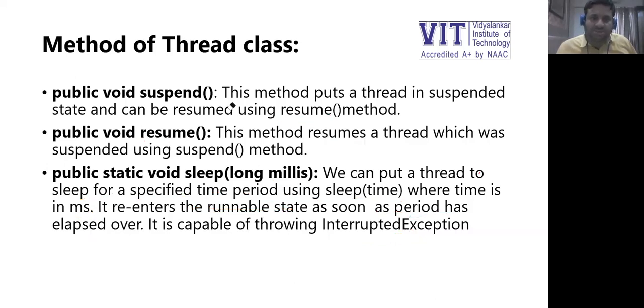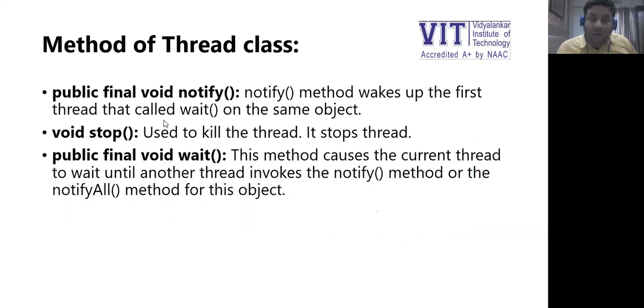Now let's say the notify method. If a thread is blocked using the wait method, the method causes the current thread to wait until another thread activates the notify method. So if a thread is blocked using wait, it can be regained using notify. The notify method wakes up the first thread that called wait on the same object.